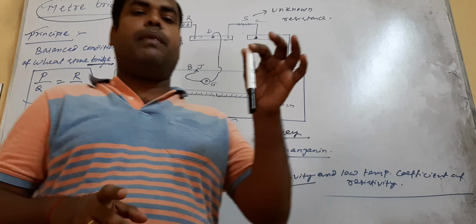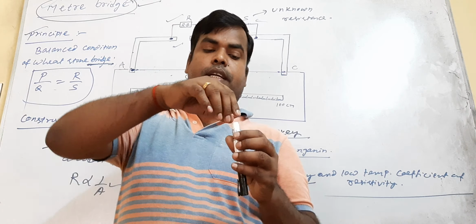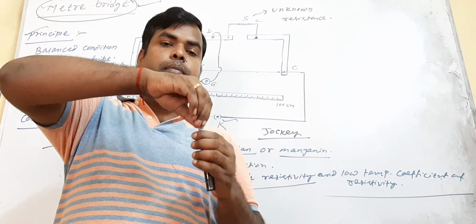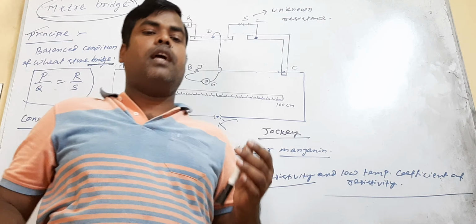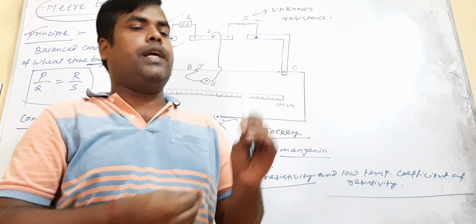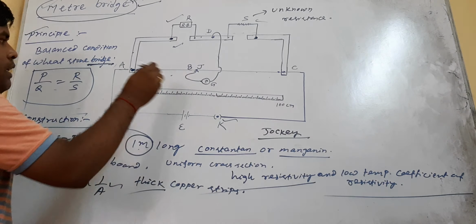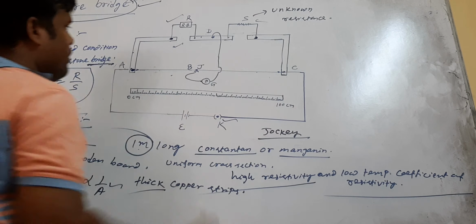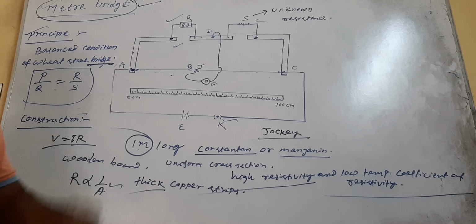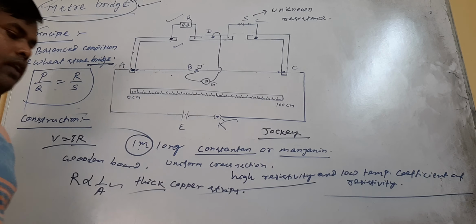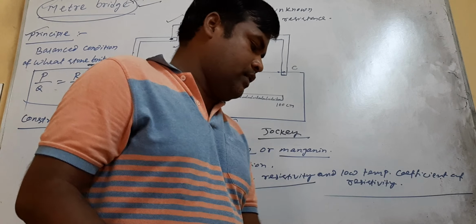Jockey is just like a metallic rod, and one end of that rod has the screw. You will connect the wire in this screw, and the other end is just like a pointer. That pointer will move along the wire AC, and that determines the position of null point. Null point means no current flows to the galvanometer. Galvanometer shows zero deflection, or you can say that is the balanced condition.